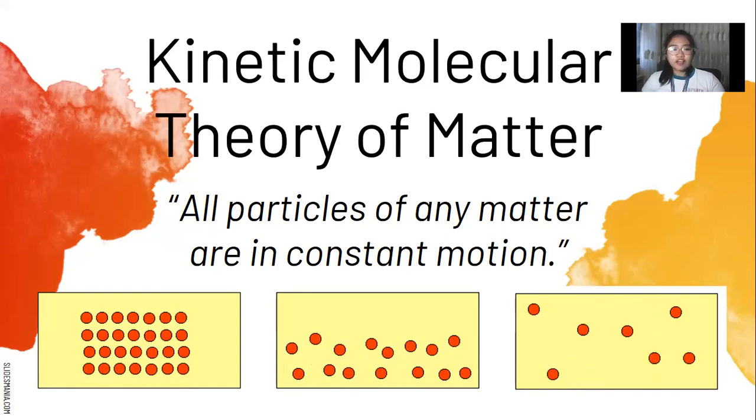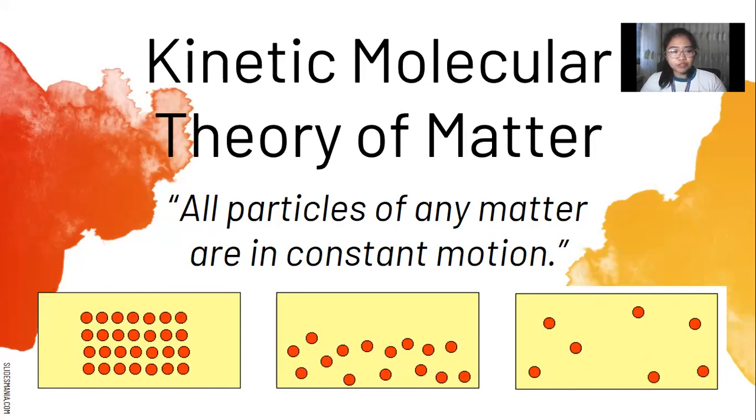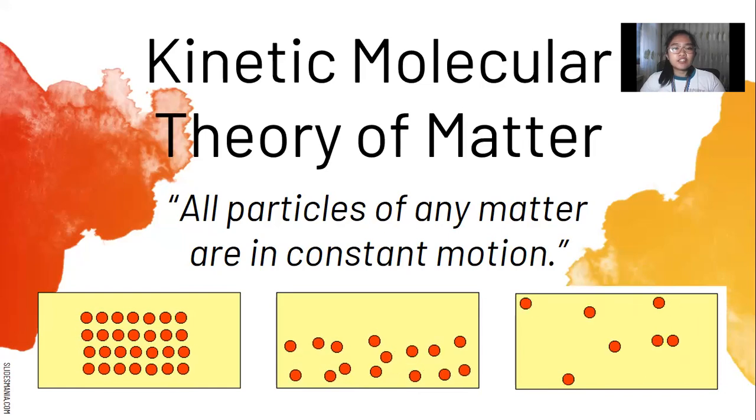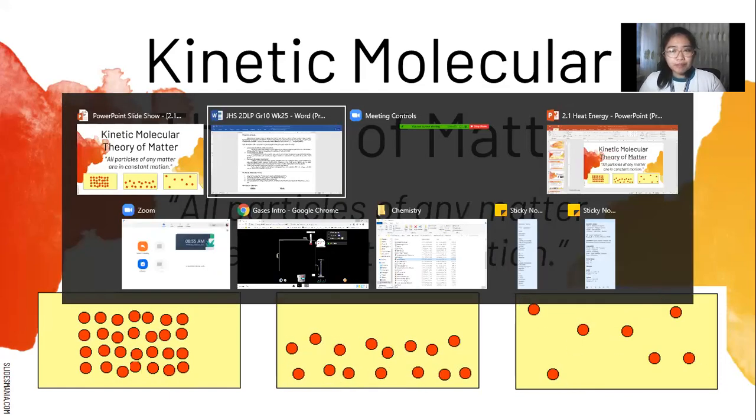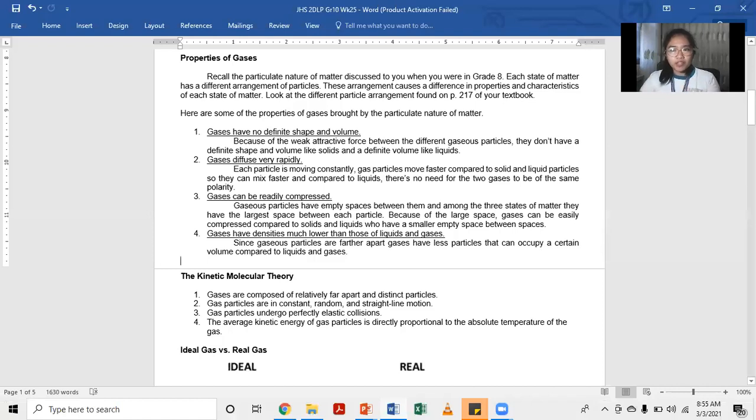Since they have a faster motion compared to solids and liquids, they have a tendency to diffuse faster. Pag sinabi nating diffuse, pag kunwari nagpabango ako dito, kapag nandun ka sa other side ng room, maaamoy mo siya kasi yung gaseous particles ng pabango, yung scent, pupunta din sa iyo.